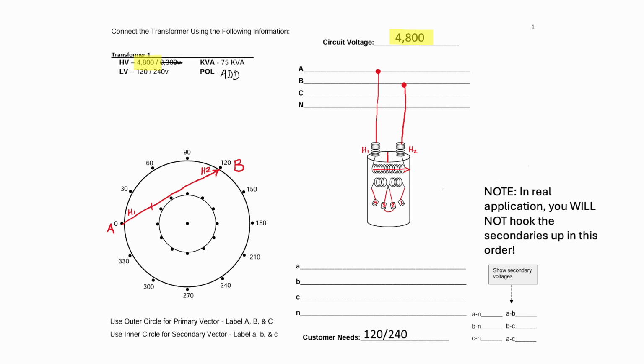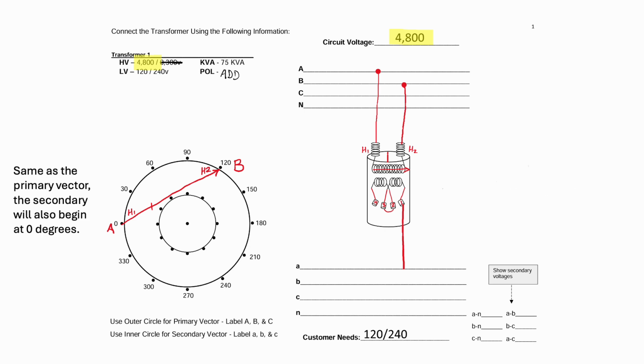Now moving on to the secondaries. So in real application, you will not hook up the secondaries in this order. It's only for illustration purposes that we are going out of order. And by now you should know the correct order of operations. That said, we'll begin by connecting X1 to A. And same as the primary vector, the secondary will also begin at 0 degrees.